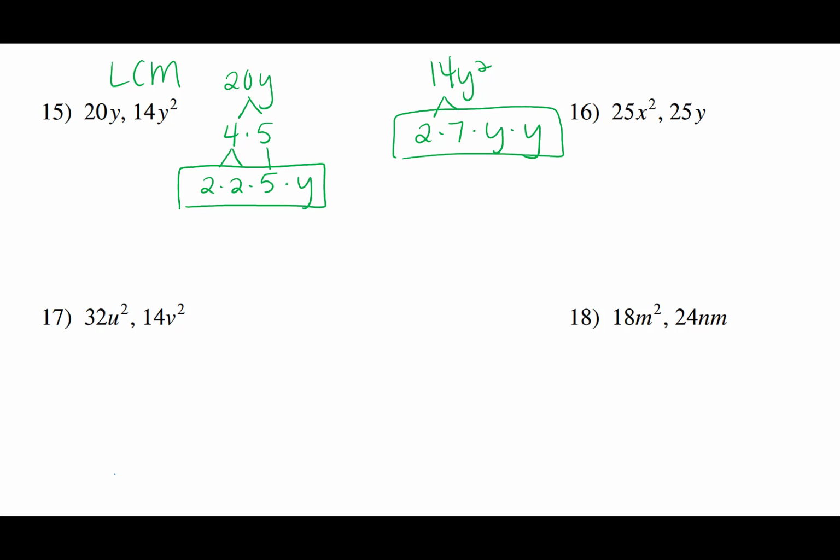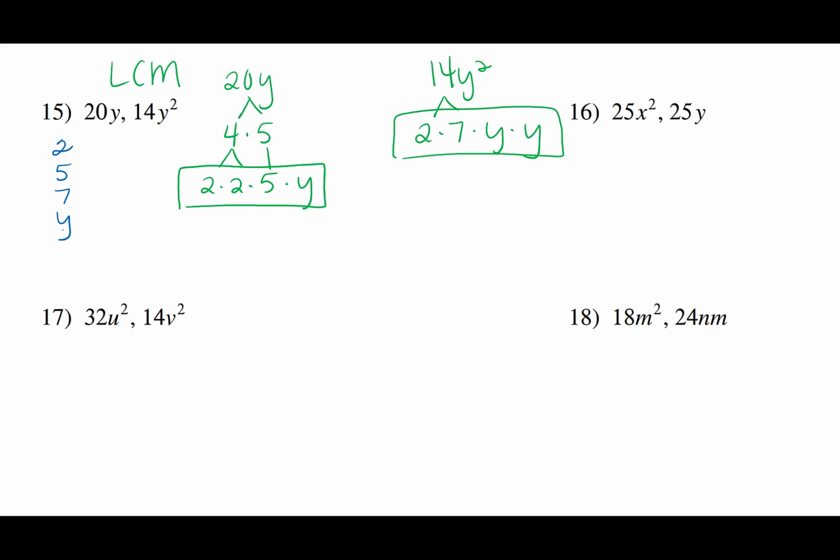Okay, so the first question, again, it's kind of a strange question, but what are all the unique factors found in either one of these prime factorizations? We see 2's, we see 5's, 7's, and y's. Now we're going to go back to each of those factors and determine at most in a single prime factorization how many times does that factor appear.